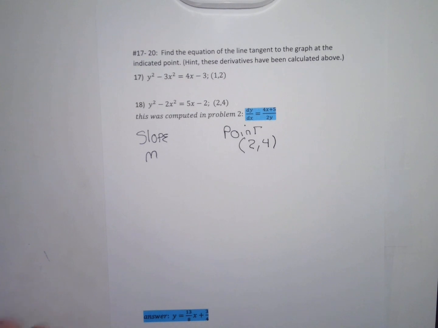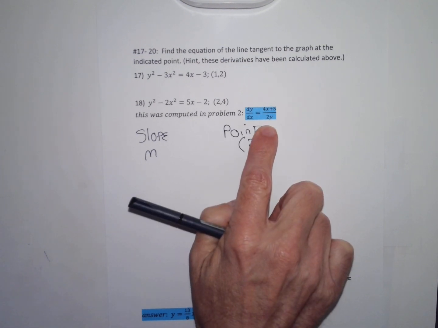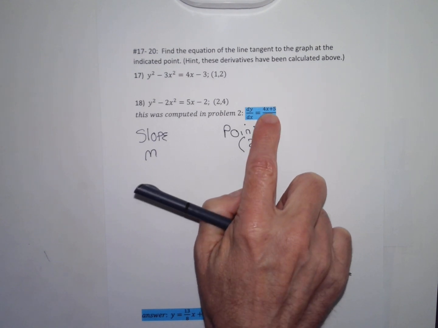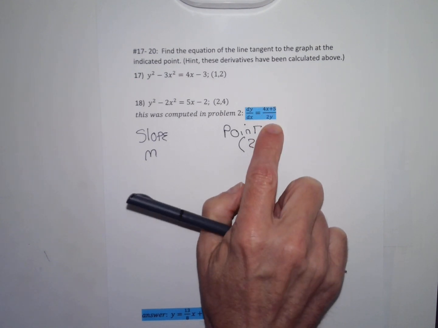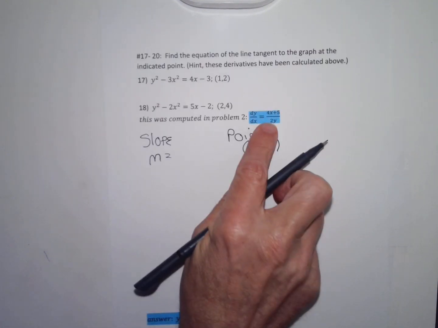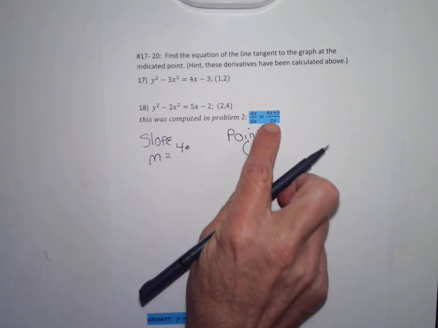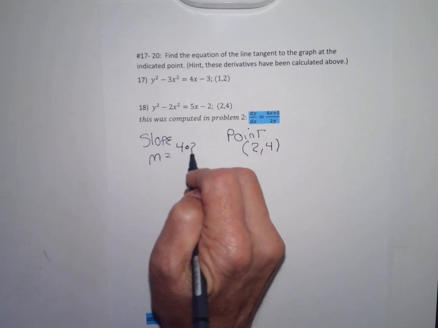I get slopes of tangent lines by plugging normally just the x into the derivative, but this derivative has both an x and a y, so I'm going to get the slope of my tangent line by plugging 2 in for x into the derivative and 4 in for y. So my slope, I'm going to use the derivative that I came up with. That's the formula for the slope of the tangent line. In the numerator, I'm going to plug in 2 for x.